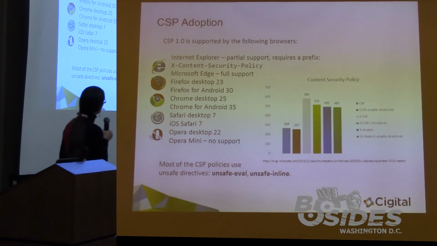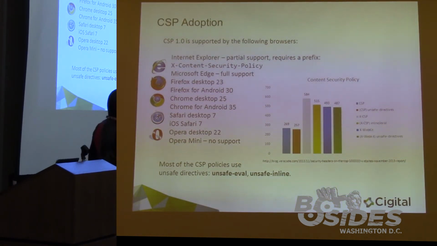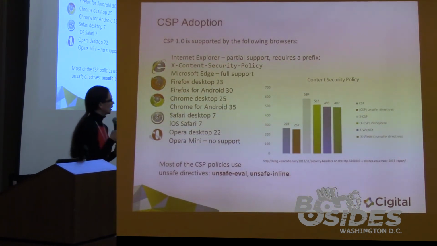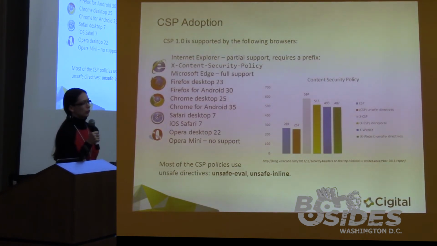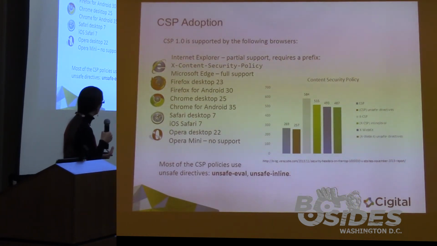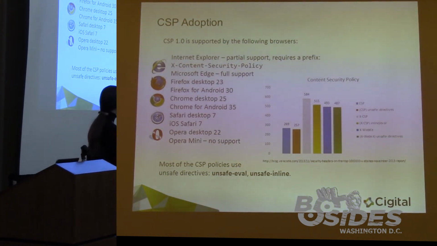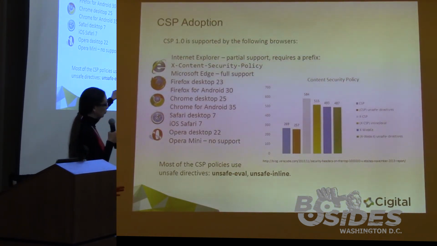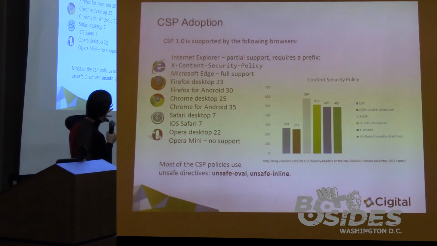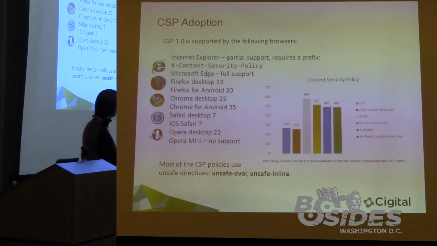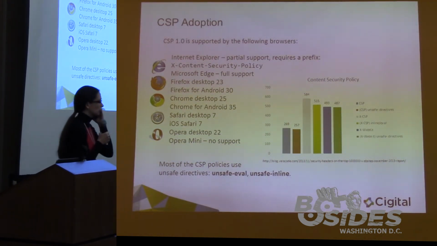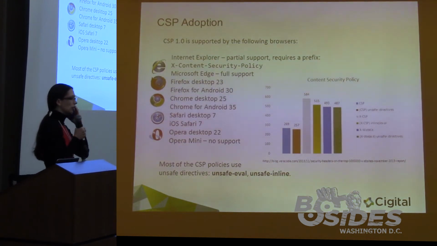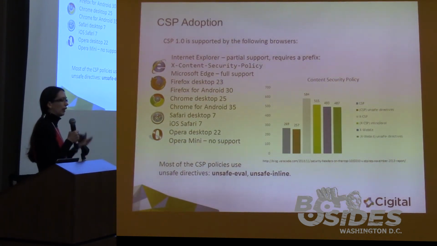If we look at the data from 2013, how many websites were using CSP headers? Well, out of 1 million top websites, only about 269 used it. A little bit more with other types of headers, because in 2013 not all the browsers supported the CSP header as is.